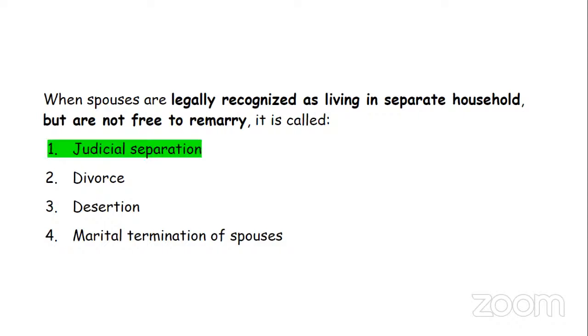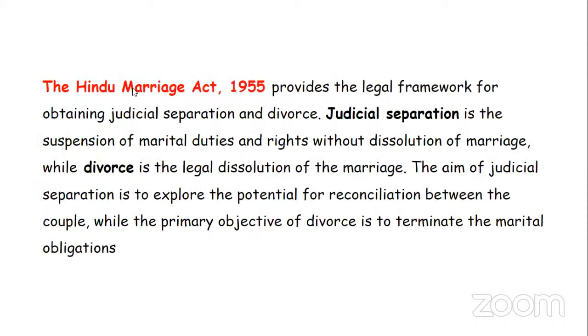Okay, let's check the answer. So the right answer is judicial separation. According to the Hindu Marriage Act of 1955, it provides the legal framework for obtaining judicial separation and divorce. So judicial separation is the suspension of marital duties and rights without dissolution of marriage.